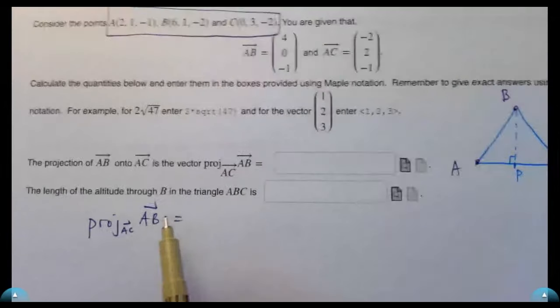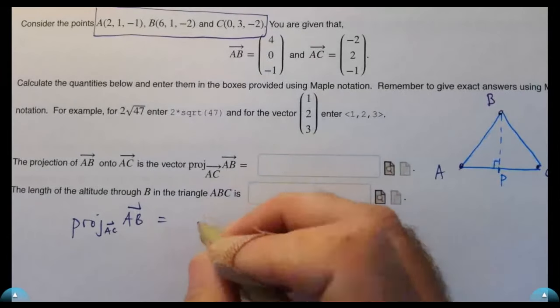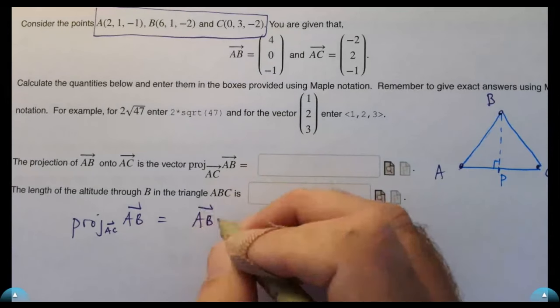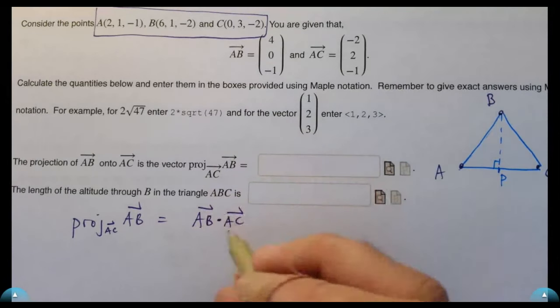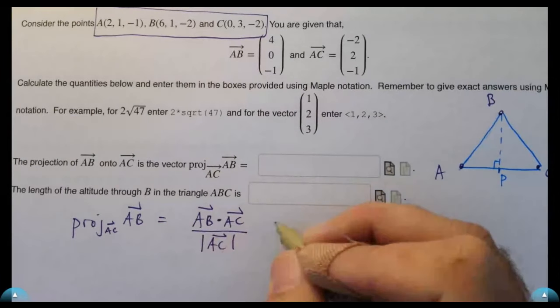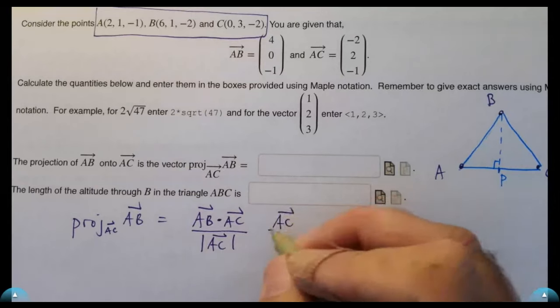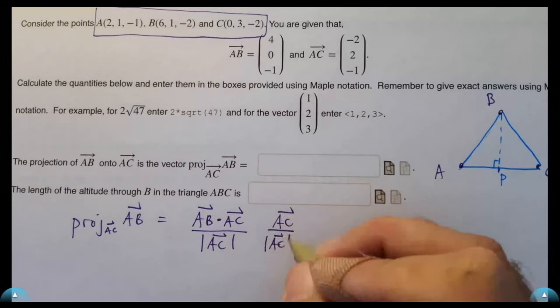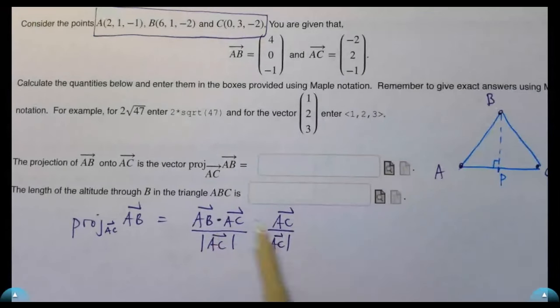This is the vector projection now. We need the dot product divided by the length squared. So this is the scalar projection multiplied by a unit vector in the direction of the vector AC. Now, you can combine this with a squared, that's fine, but I like to break it up because it helps me understand what's going on here.